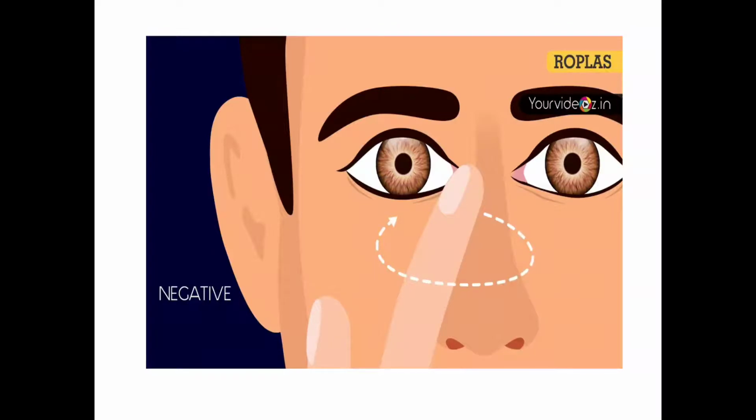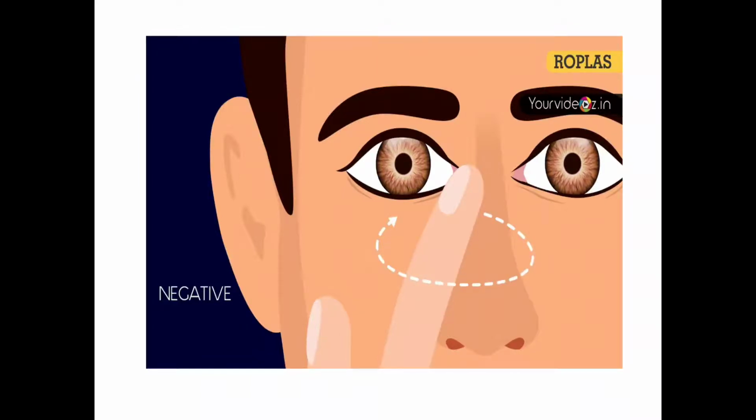So how do we do that? Please note this image or figure. We have to press just below and medial to the medial canthus. That is the portion where the sac is situated. We have to observe whether any fluid, whether watery, discharge or sticky fluid, comes through the punctum.